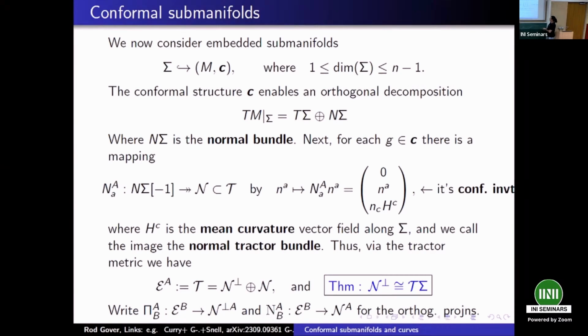But then there's a theorem that the N perp is actually isomorphic to the intrinsic tractor bundle of your submanifold. So here we're in a conformal manifold, and by restricting each metric from the conformal class to the tangent vectors here, you get induced on the submanifold a conformal structure of its own.